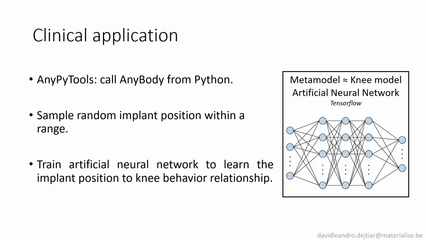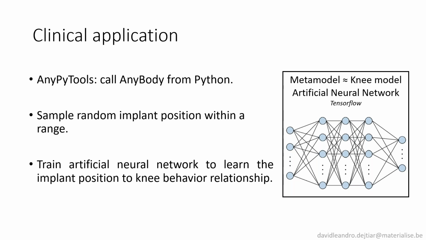For the next step to reach our goal, we require to perform multiple simulations with different implant positions. To do this, we use the AnyPyTools model to automatize the simulations from within the Python environment.